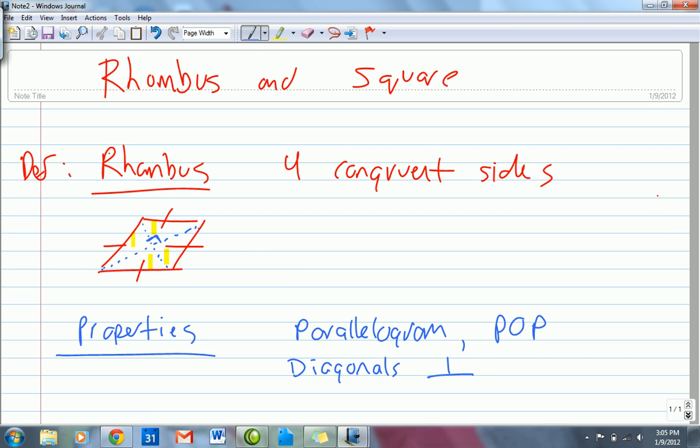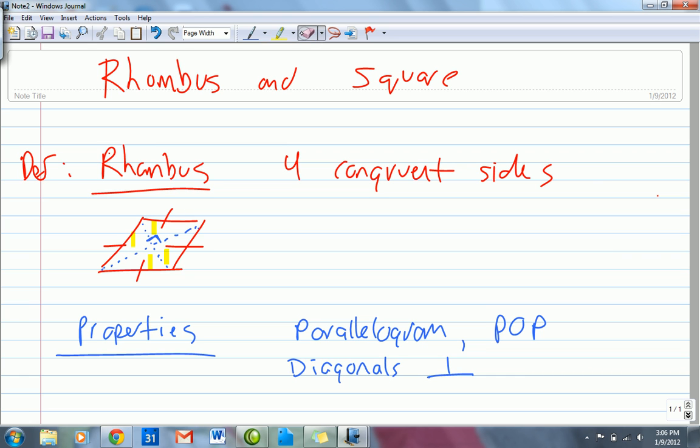And we can show that by showing two neighboring triangles are congruent. If these two triangles are congruent, and they are, then these two angles are congruent, and since they're supplements too, they have to be 90s. So the diagonals are perpendicular.